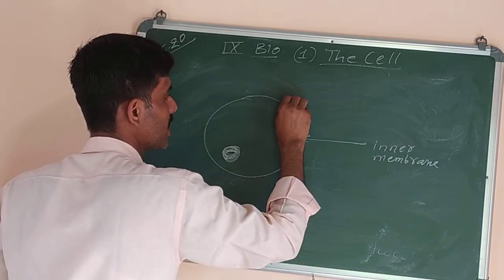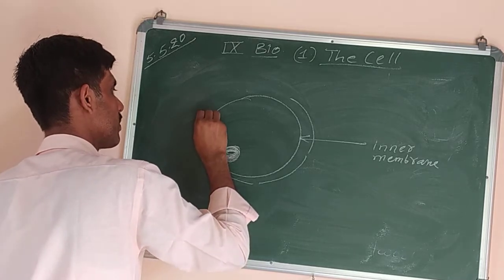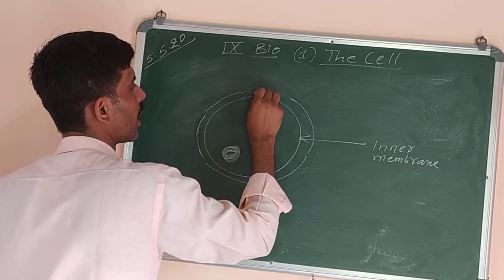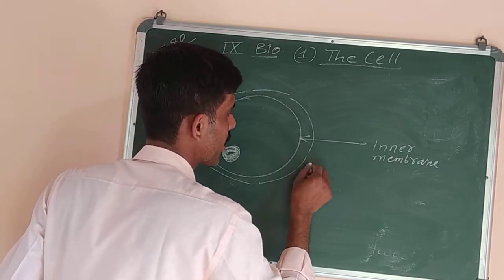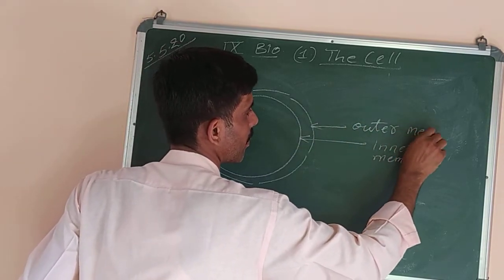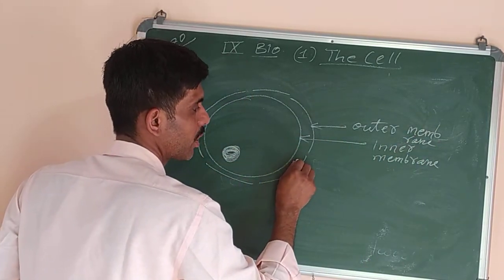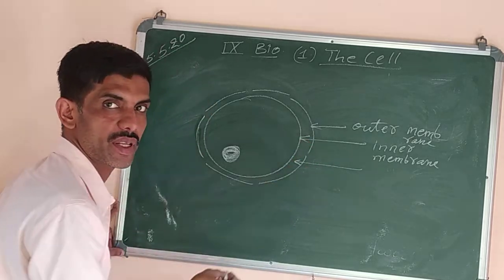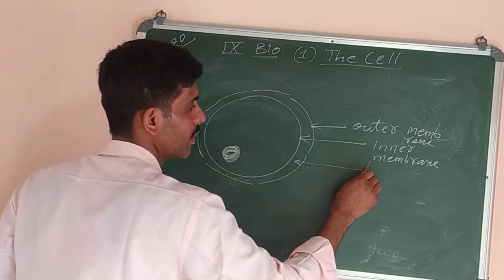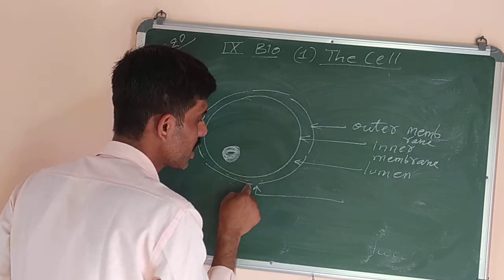Then outside, one more membrane I will draw. This one is the outer membrane. The gap between the outer membrane and inner membrane is called the lumen. And the pores which are present, you can see here, are called nuclear pores.